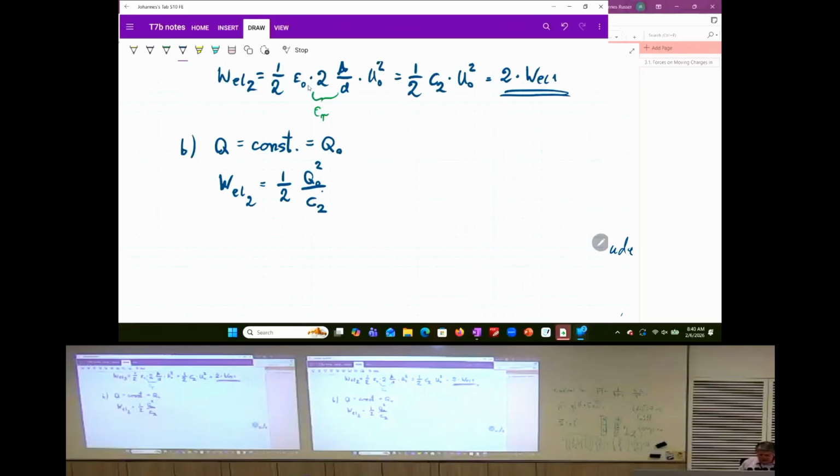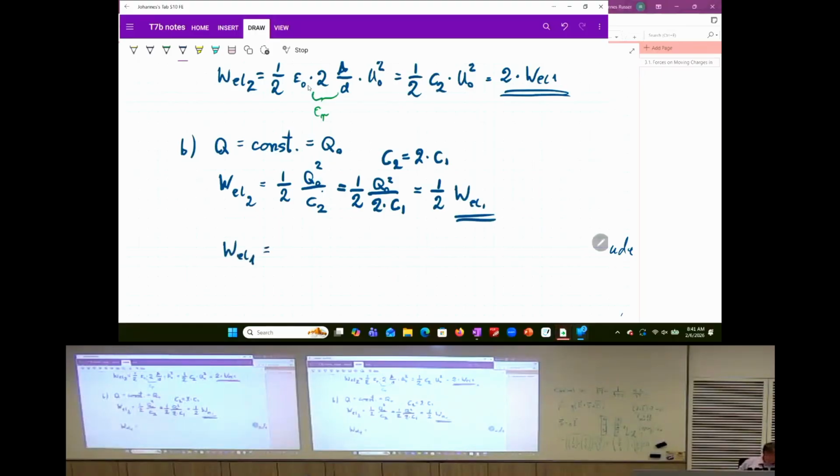And remember, the C2 is twice C1. So this energy is 1/2 Q naught squared over 2 times C1, which is 1/2 electric energy 1. And in the first case, the electric energy 1 is 1/2 Q naught squared over C1.